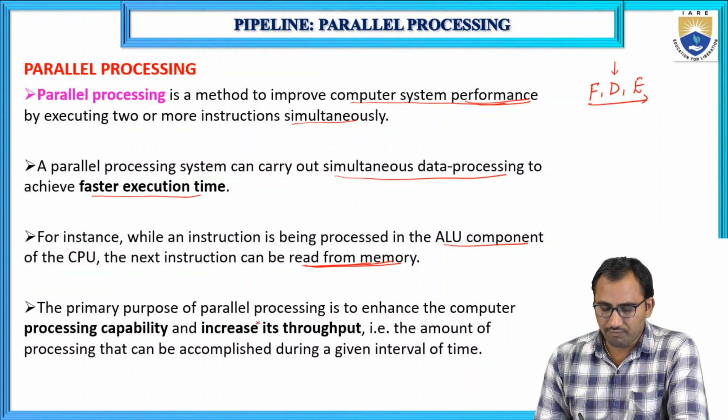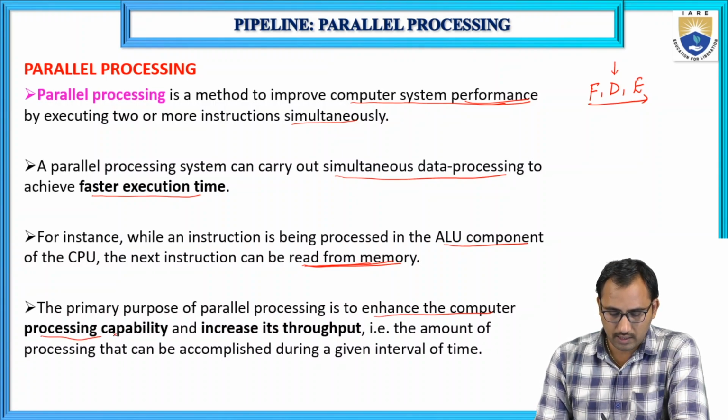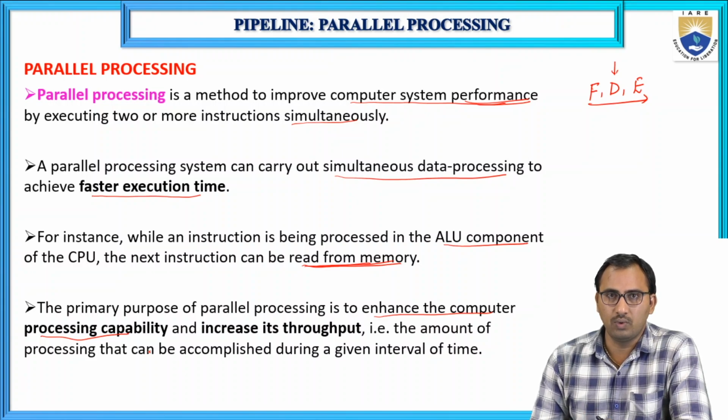The primary purpose of parallel processing is to enhance the computer processing capability. Mainly we use parallel processing for two reasons: one is to improve the computer processing capability, and the second is to increase the throughput.